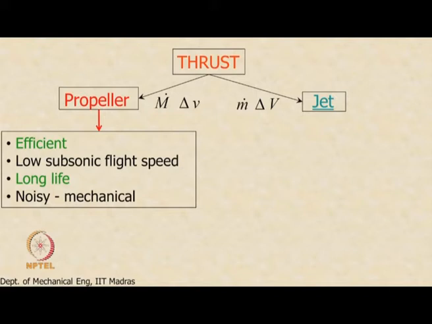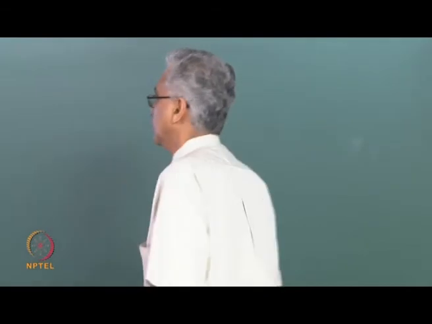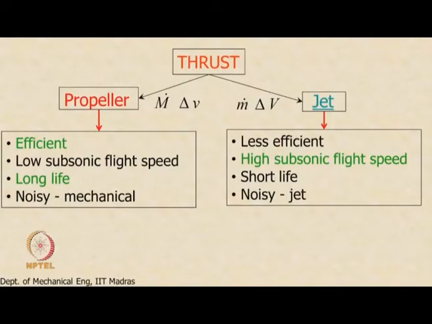We can produce large amounts of thrust, and importantly the thrust we produce can improve flight speeds to high subsonic flight speeds. Turbojet engines, for example, which utilize this technology, are capable of flying at Mach 0.9 or 0.95 very easily. But it is less efficient, and we will see the reason for this as we go along.